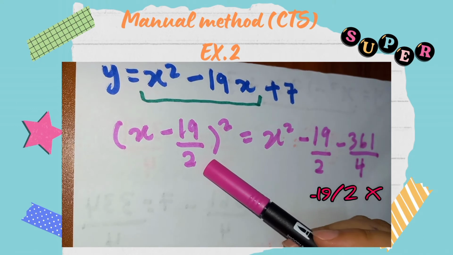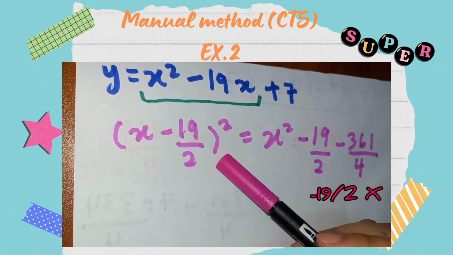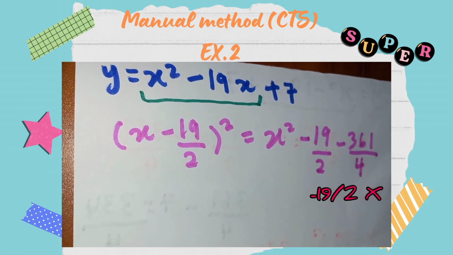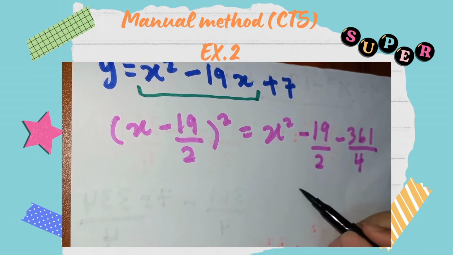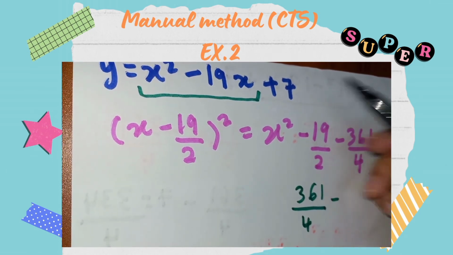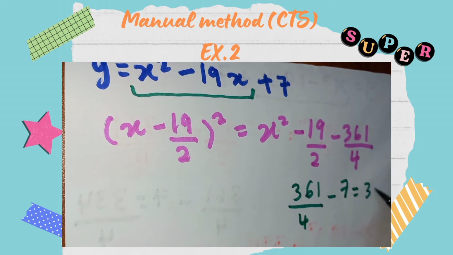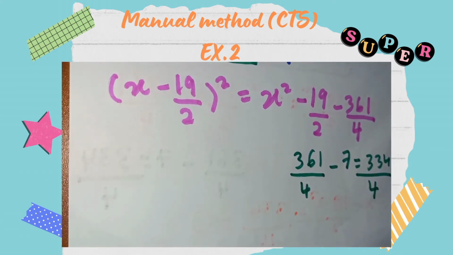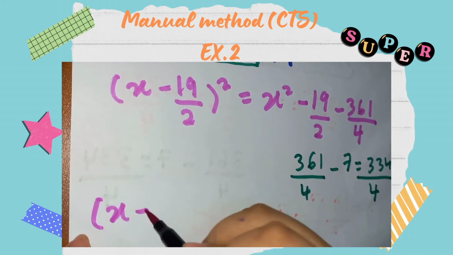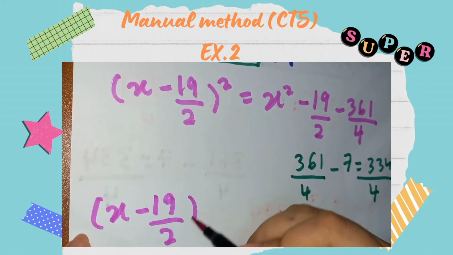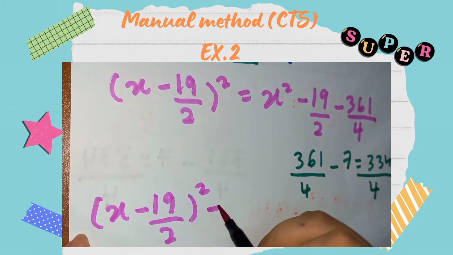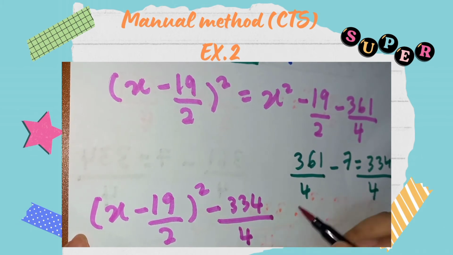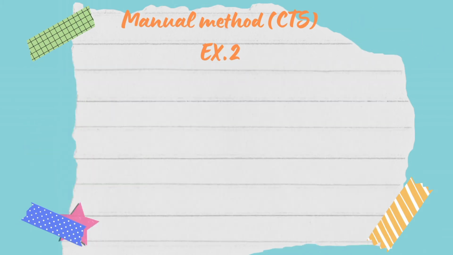We get it from 19 over 2 to the power of 2. So we get this, but we don't want this, so we minus 361 over 4 minus 7. So we get 334 over 4. So the answer is, open bracket, x minus 19 over 2, we just copy from above, squared minus 334 over 4 equals 0. So this is the answer.